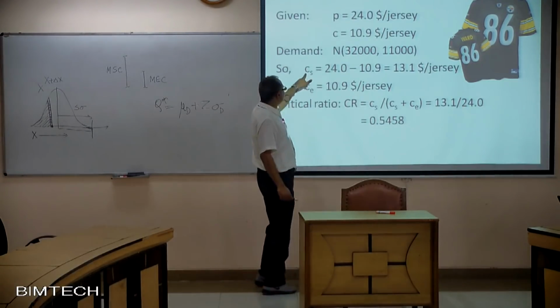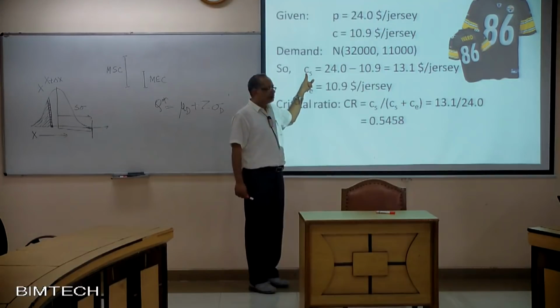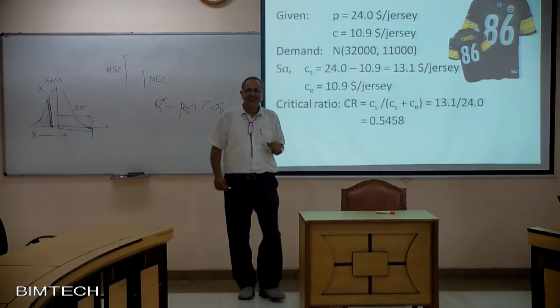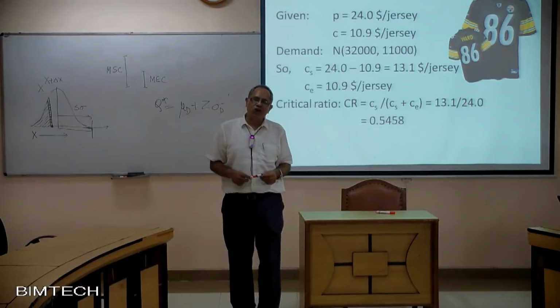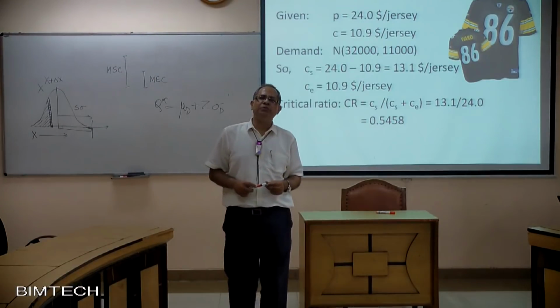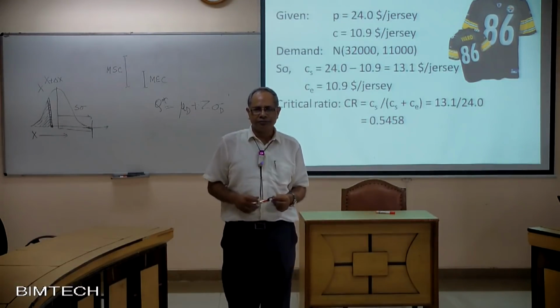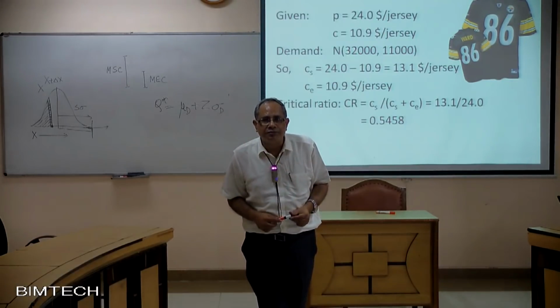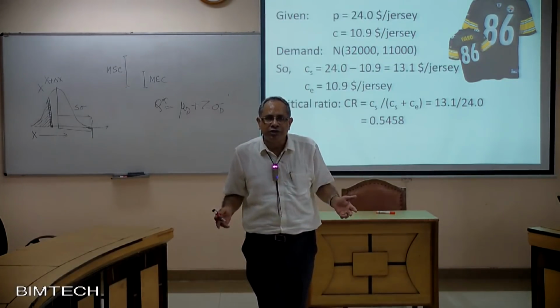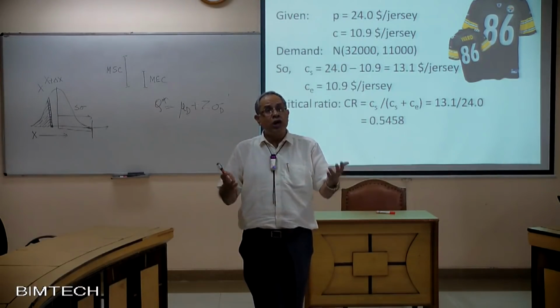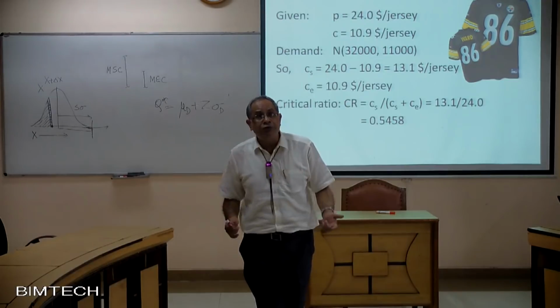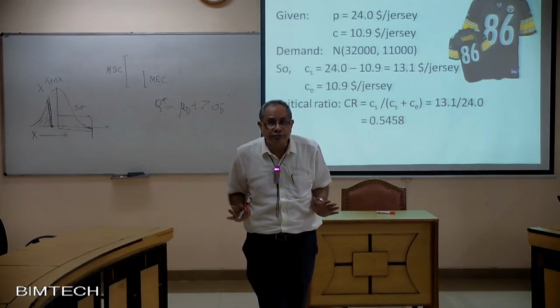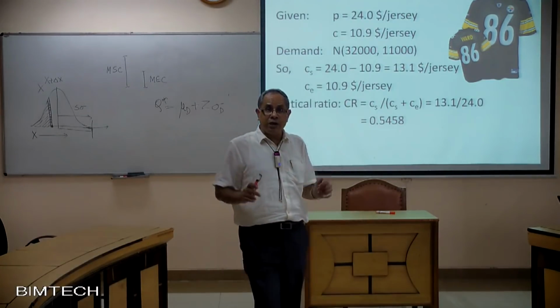What is shortage cost? How do we find out the shortage cost? What happens when we are short? We are short, we lose something. What do we lose? We lose the margin that we could have made if we had not fallen short. And what is the margin that we lose?